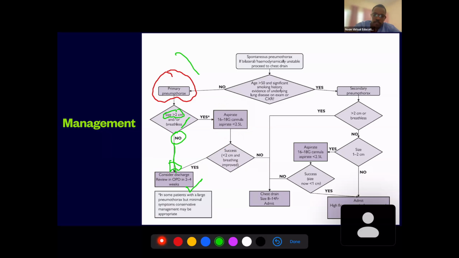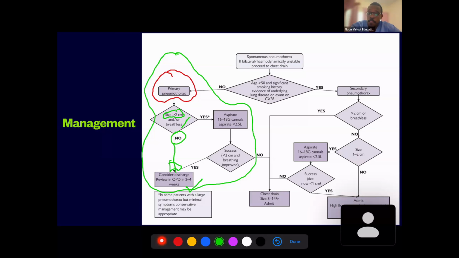So for any patient with primary pneumothorax, young, healthy lung, you need to determine two things: the size and the symptoms. If the size is less than 2 centimeters and the patient is not symptomatic, discharge, finish. Give him follow-up in 2 to 4 weeks in the respiratory clinic.